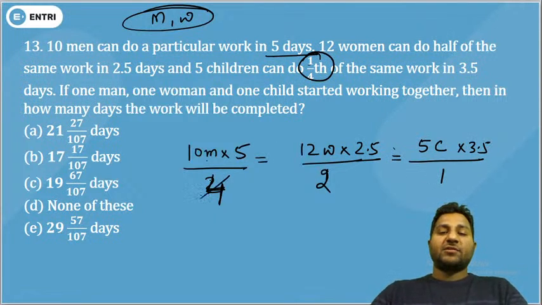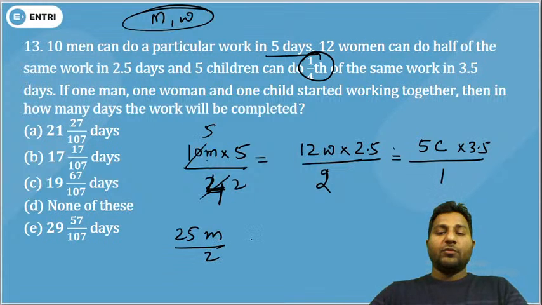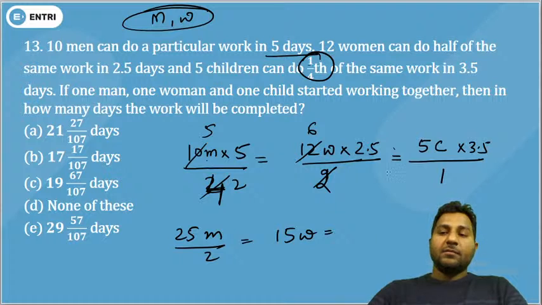Okay, let's solve this one. 25 men divided by 2 equals 6, that means 15 women. Okay, and what, how many?